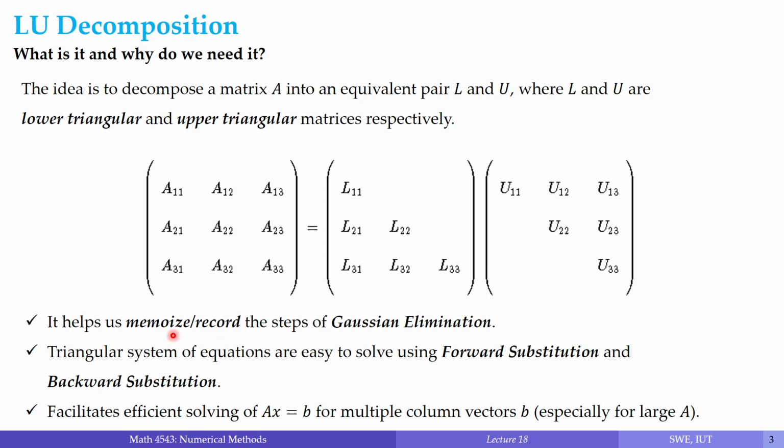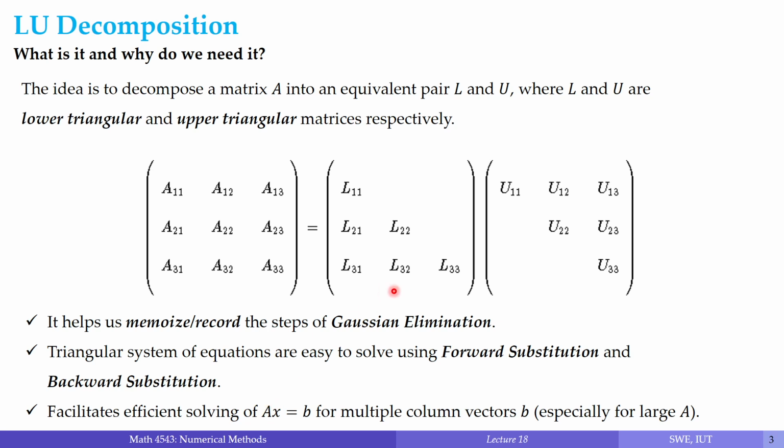So at the expense of a bit more memory, we are getting a computationally efficient solution of Ax equals b for multiple b's. And if you have a large A as well, we are sidestepping a huge computational overhead when we are using LU decomposition.